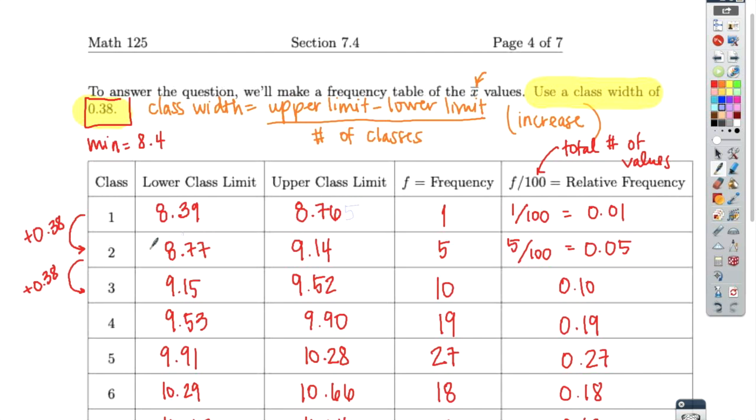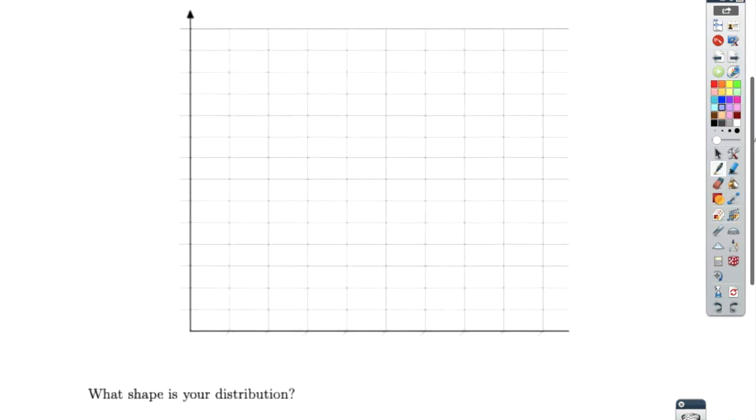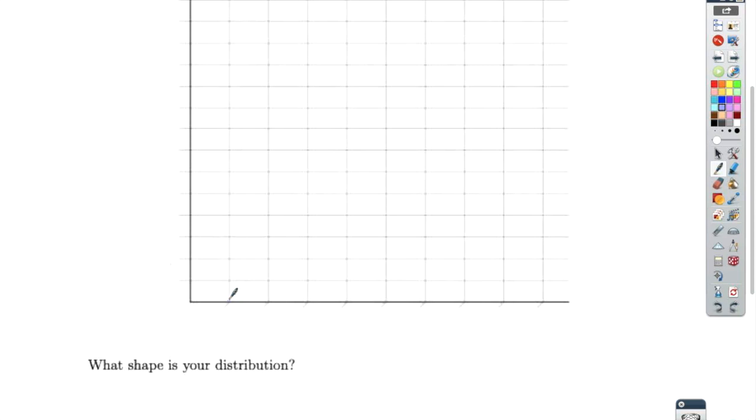And then this one would fluff down to 8.765. And this one would fluff up to 9.145. This one is also going to fluff down to 8.385, and so on. And this is going to make all of our bars on our bar graph flush. Okay, so I'll start that here.